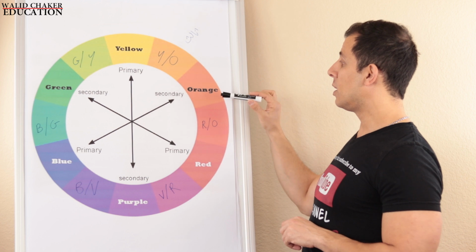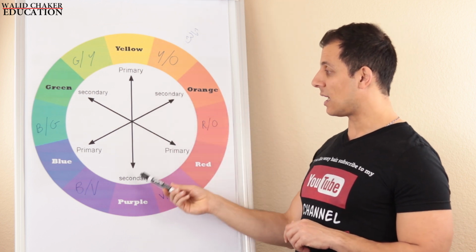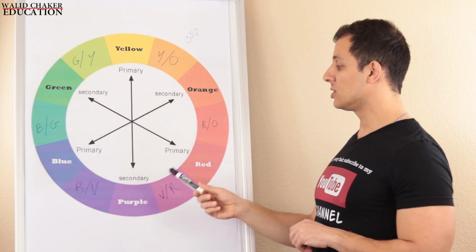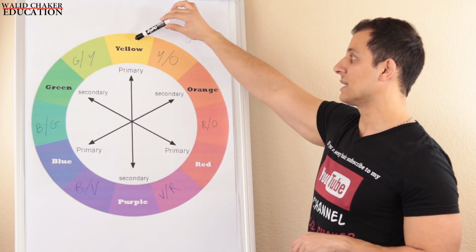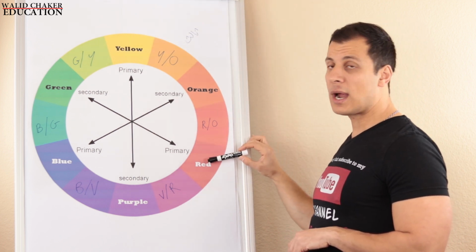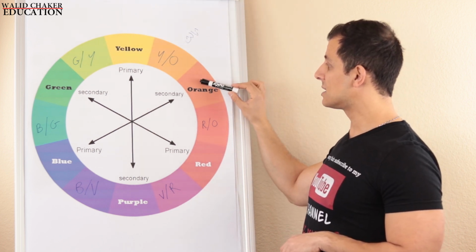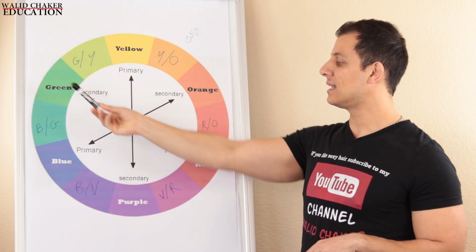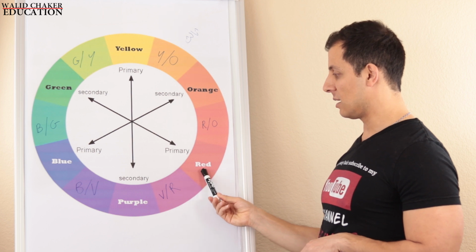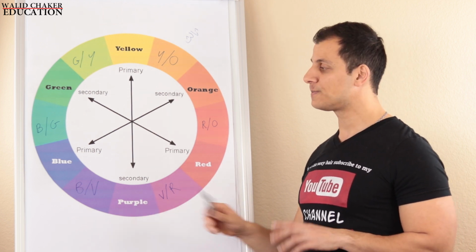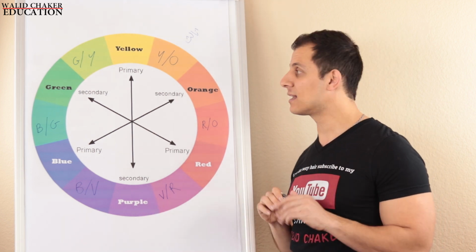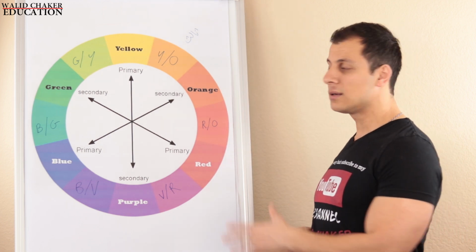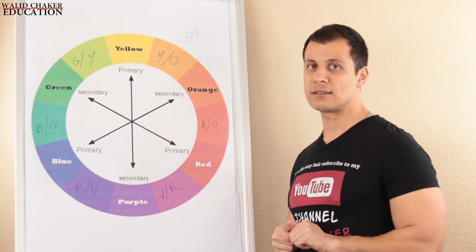But if we want to create the secondary colors, the green, orange, and purple, we have to mix two primary colors, and they give us the secondary color. So now it's very clear what the primary color is and what the secondary color is.